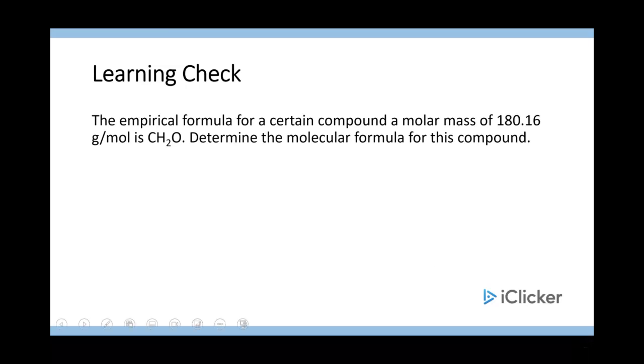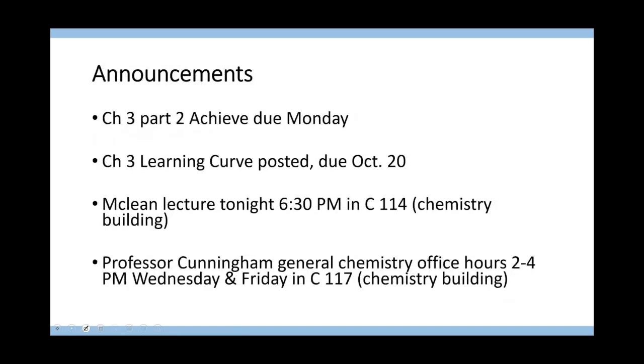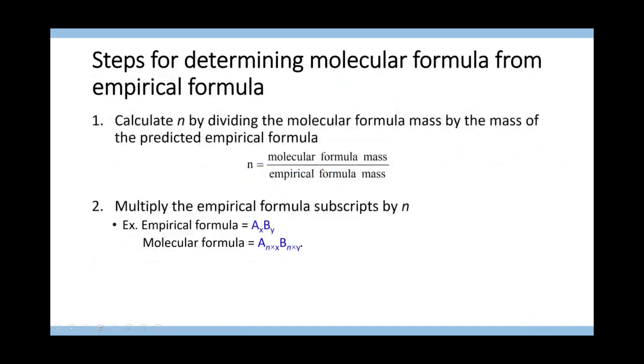So remember that when we're given an empirical formula, to determine if that is the molecular formula, we need to compare formula masses, or the molar masses of the entire formula. So we find the ratio N, which is the molecular formula mass divided by the empirical formula mass, and that will give us some integer. That integer is what we multiply the subscripts by.